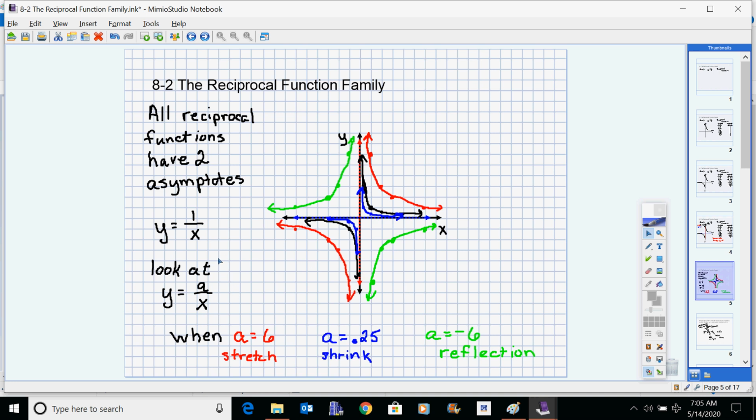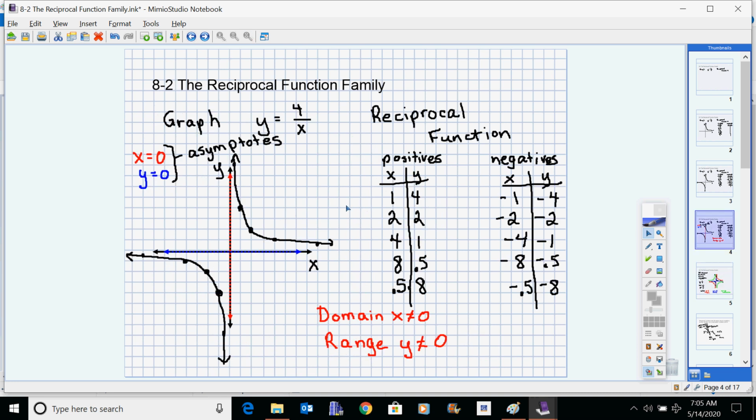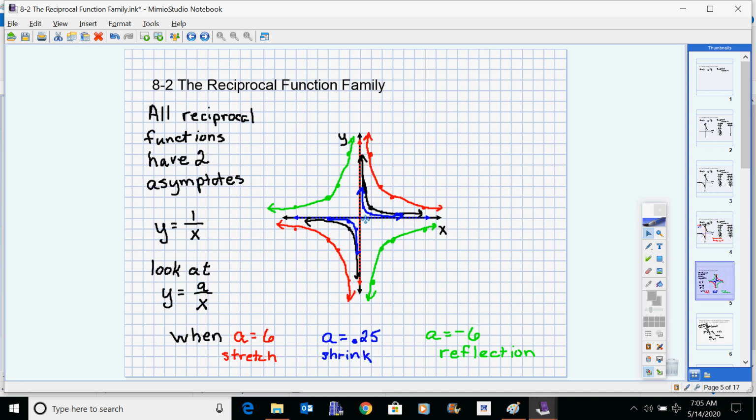Now, if nothing else changes except for the value, the number that's on top, we already looked at what happened when a was 4, when the number on top was 4. It looked kind of like this except for, if we look at this, at 1 we had 4 instead of having, at 1 we had 1.